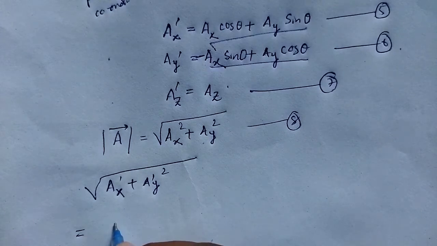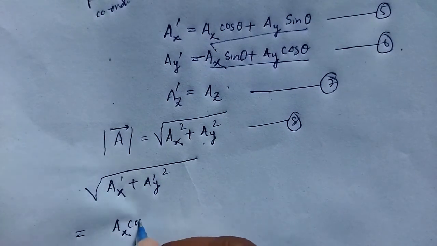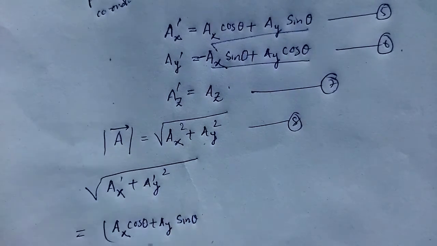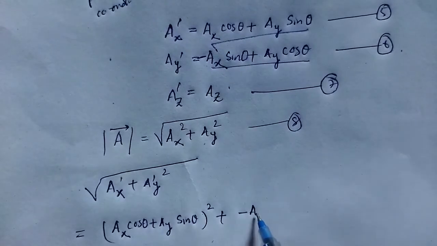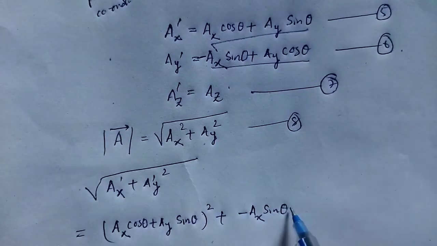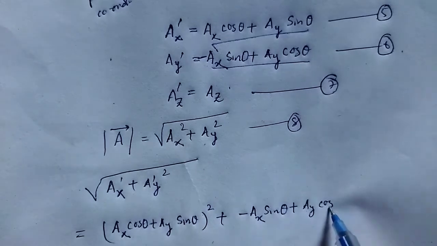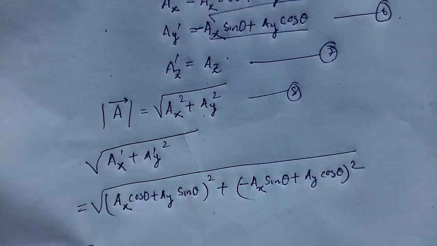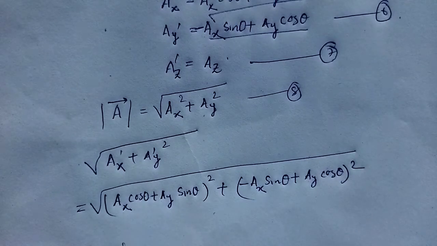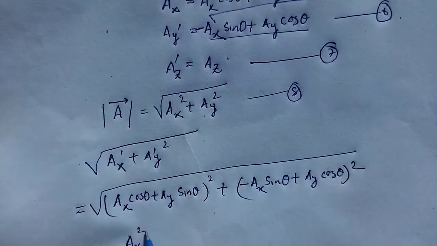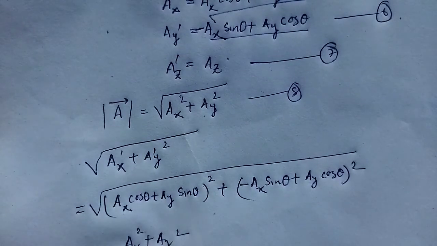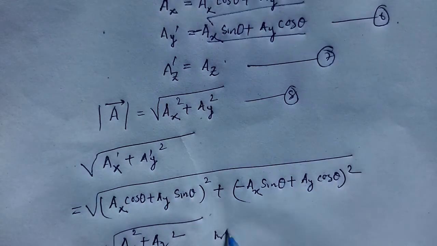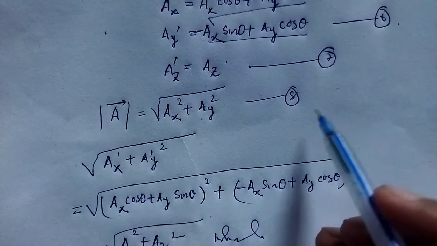So, the equation looks like this: the square root of Ax cos theta plus Ay sin theta, whole square, plus minus Ax sin theta plus Ay cos theta, whole square, that is changed to the square root of Ax square plus Ay square, which is the same as equation number 8.